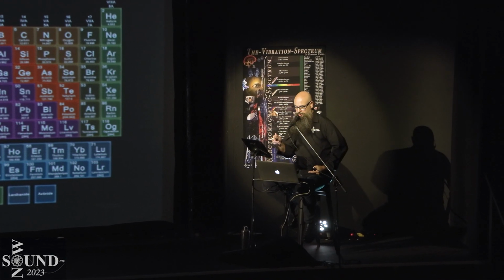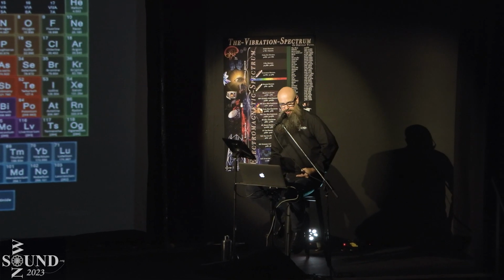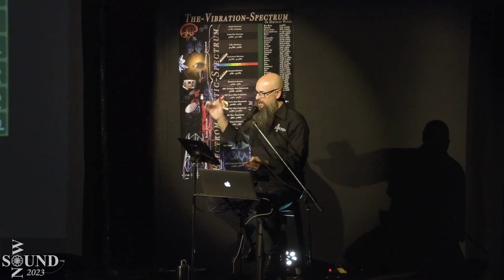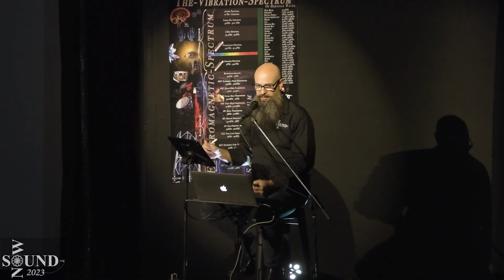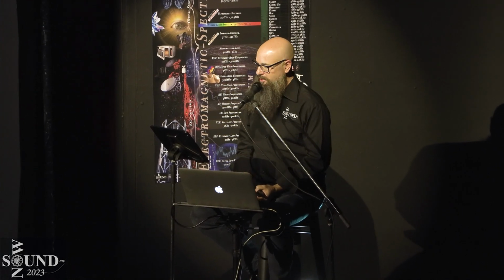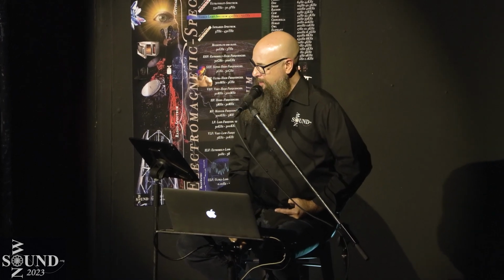So the first orbital is the fundamental, and then its first harmonic will be the second orbital, and it goes out from there. And as we get to the heavier elements, they're very complex harmonics of the electron, which makes things have a high mass and will fall to the earth much faster.